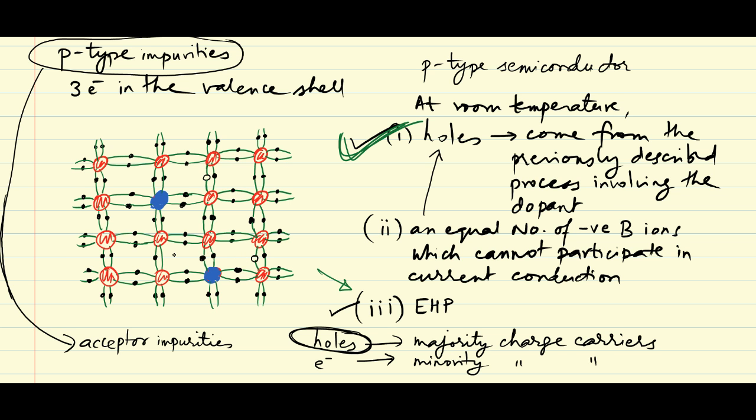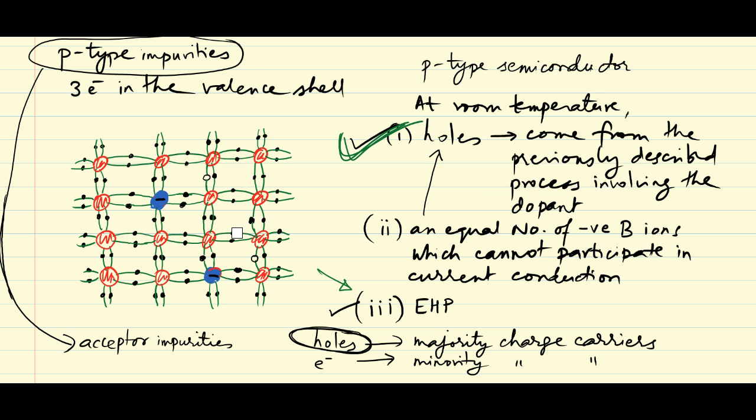And some other things in the diagram, maybe I'll show an electron over here, somehow it got rubbed out or I just missed it. So this is more or less the complete picture, excepting for one more thing, namely I still have to show a few electron hole pairs which have been generated by thermal processes. So I'll just show one of them, just to show you that that happened.